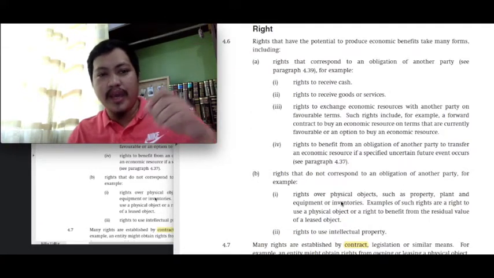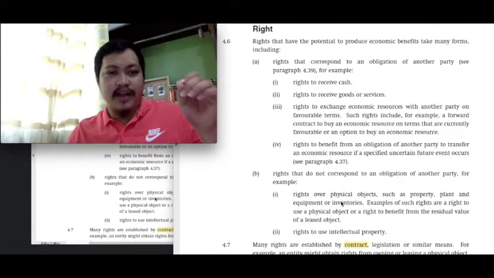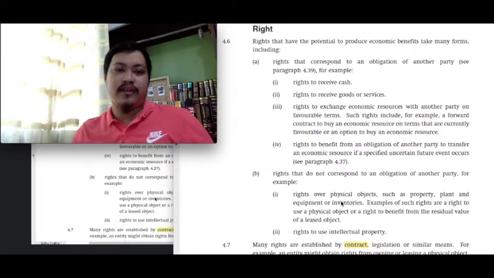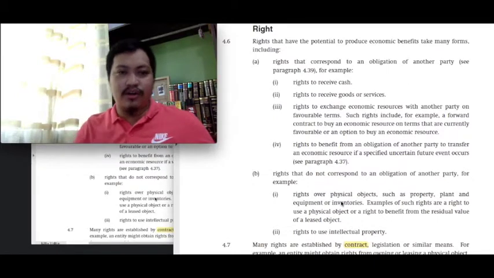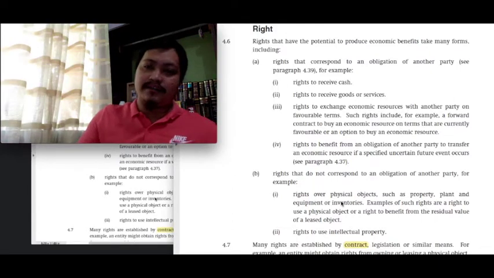But once you make a payment, then you will already have an unconditional right to receive the goods. And the payment, the prior advance payment, will constitute your past event. Okay? So all the other elements must concur, class, for there to be an asset.